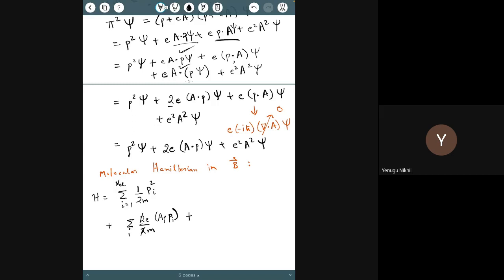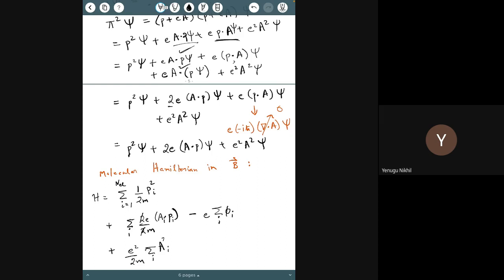Then the scalar potential is also there, which is basically minus e sum over i phi_i. And this one is e square by 2m sum over i A_i square. So this is the interaction with the fields, electric and magnetic fields.